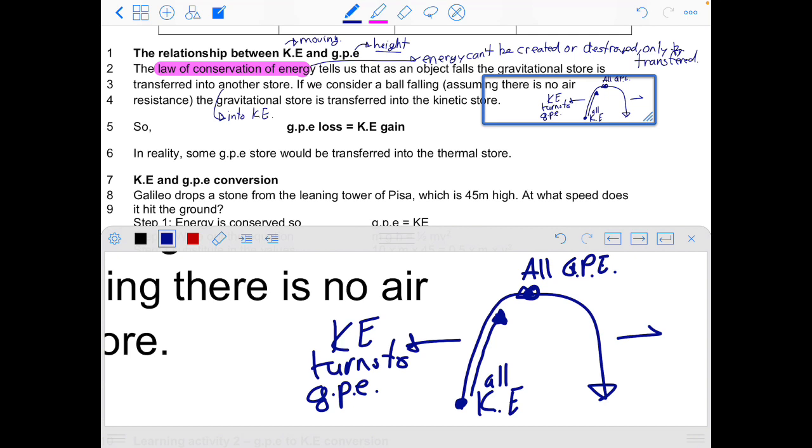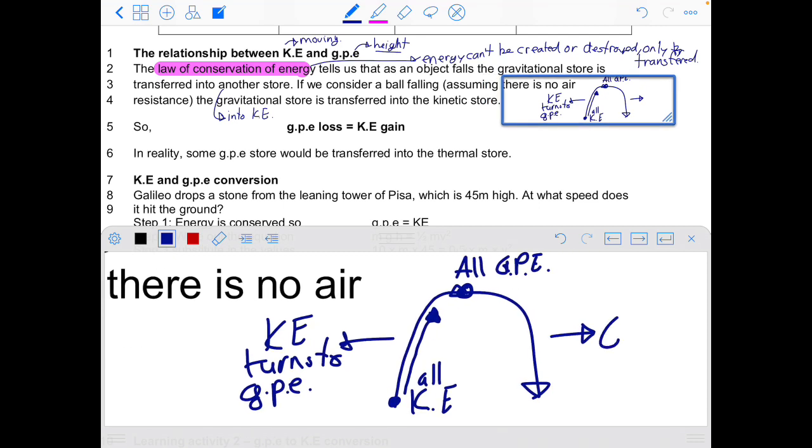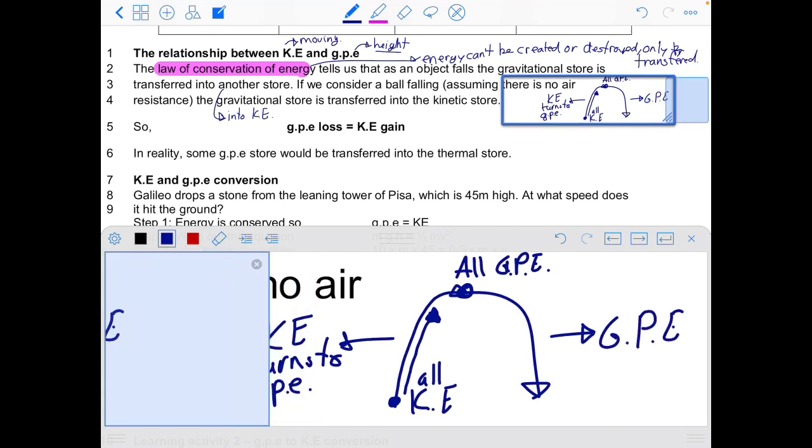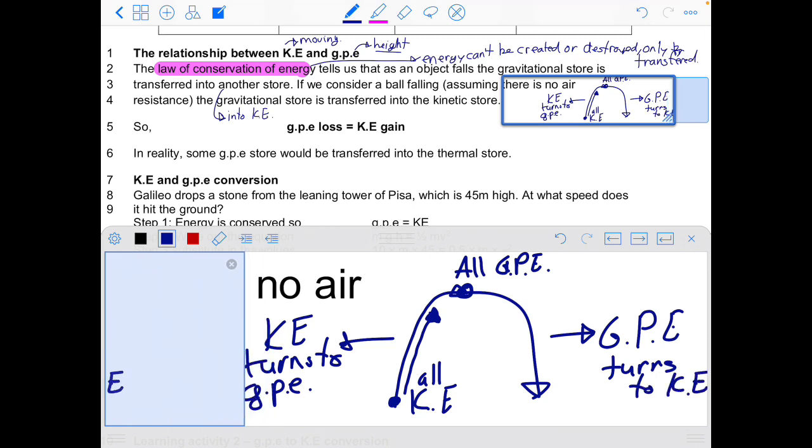If you haven't seen that, look again, see if you can notice the pause at the very top. And then it'll start coming down again. So here, our gravitational potential energy turns to kinetic energy. And by the time, just before it reaches the bottom, it is all kinetic energy again.